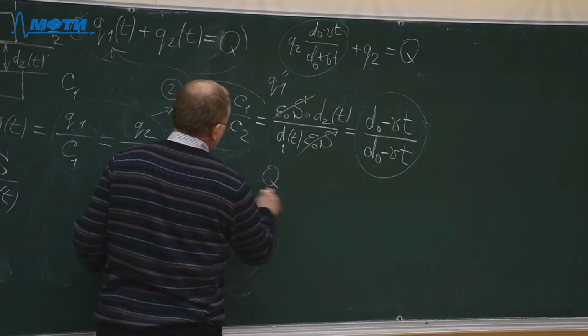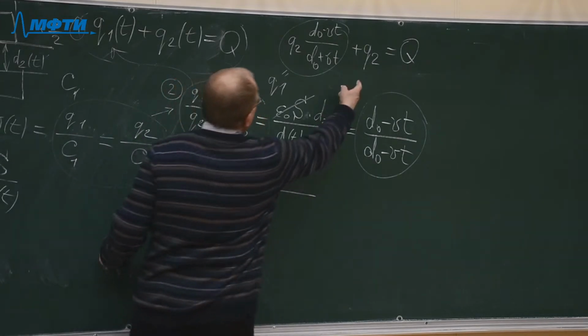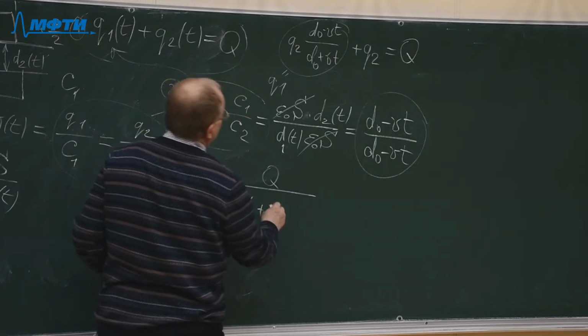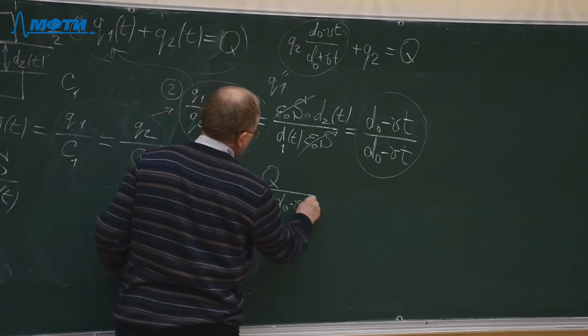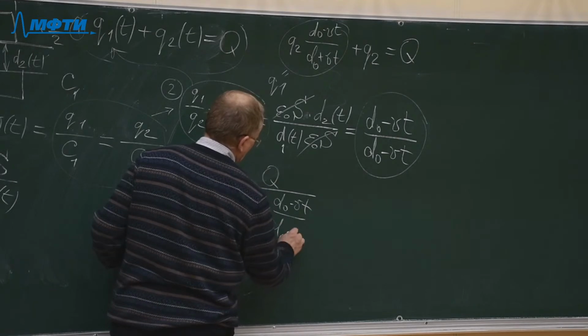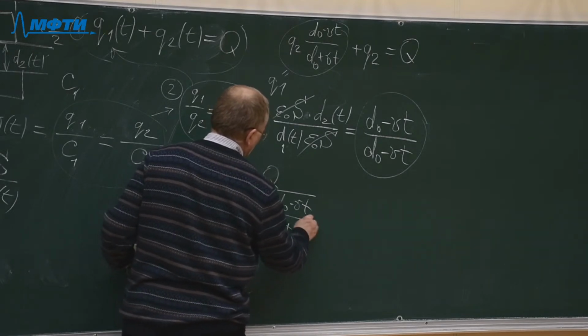That will be capital Q divided by 1 plus this expression, d0 minus vt divided by d0 plus vt.